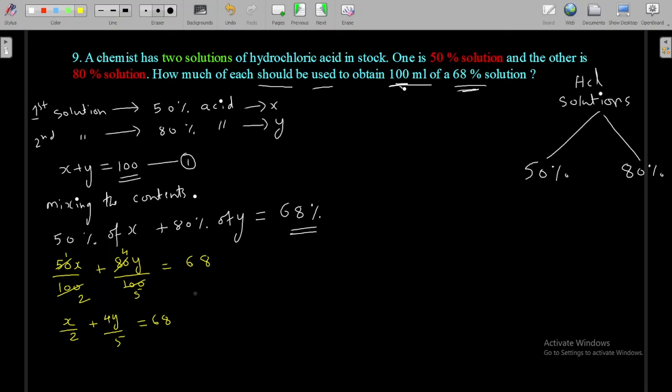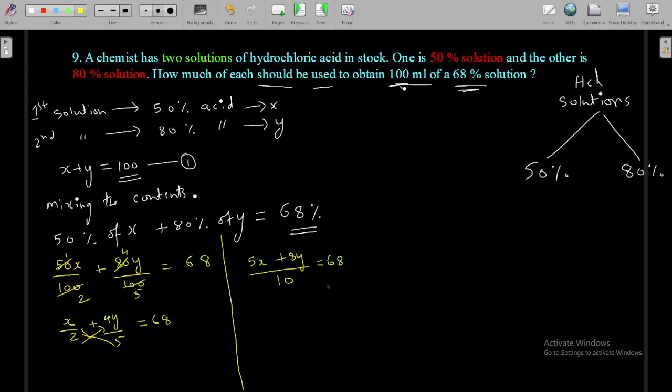Now I have to simplify this equation. There is nothing but simply I have to cross multiply this and this. So I will get 5x plus 8y. 5 into x, 2 into 4, 8 and y by 2 5s are 10 is equal to 68.